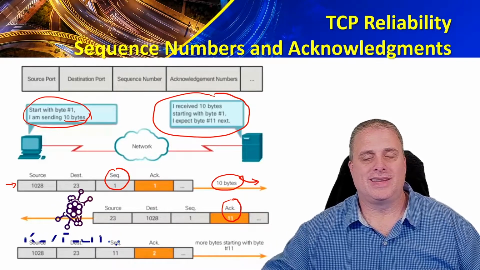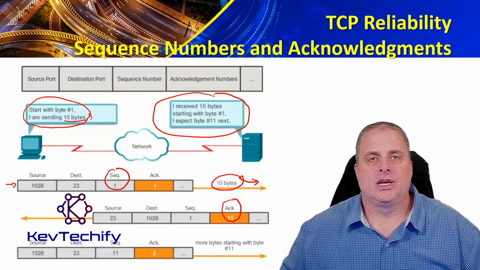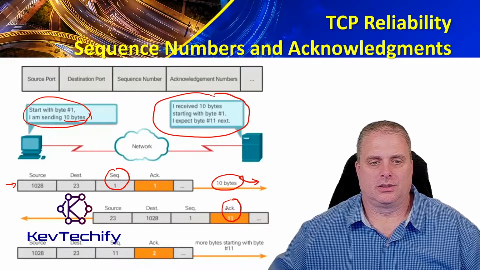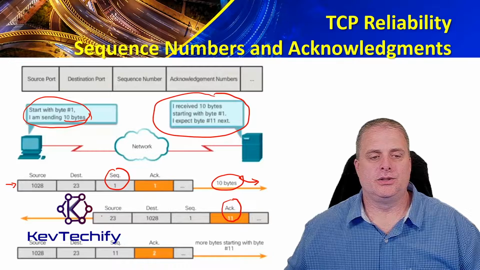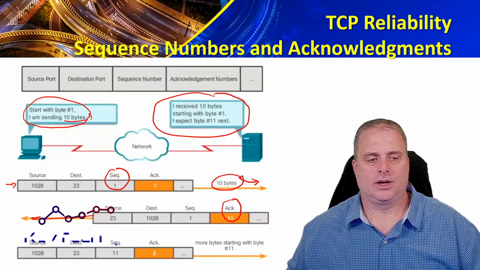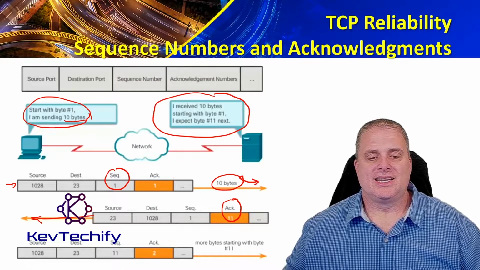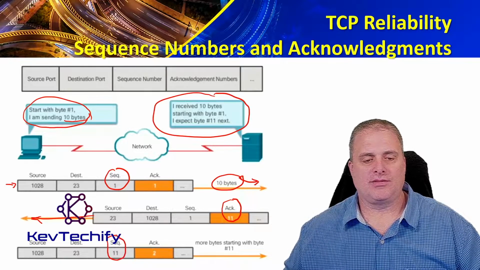Starting with 1, 10 bytes were sent, so the next sequence it's expecting is an 11, and that's in our acknowledgment. This acknowledgment is sent back to the originating host, right there. Now the originating host sends 10 more bytes starting with number 11.